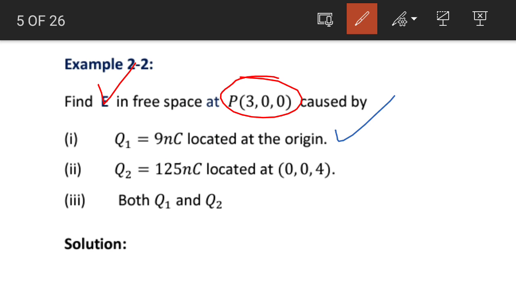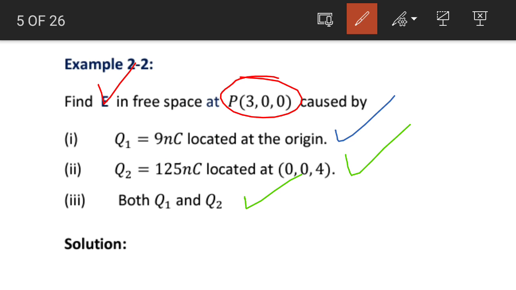So the position vector of source number 1 will be 0 ax plus 0 ay plus 0 az. Then we need to find out the electric field intensity at the given point caused by Q2. The magnitude of this charge is 125 nanocoulomb, and this charge is located at 0, 0, 4. And then finally we need to calculate the electric field intensity at the mentioned point due to Q1 and Q2 simultaneously.